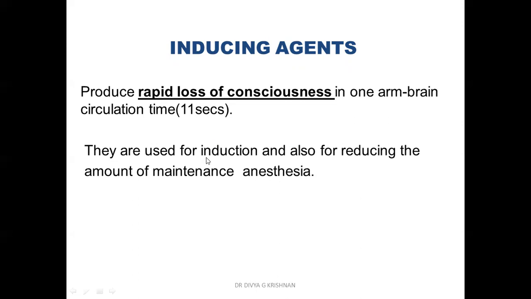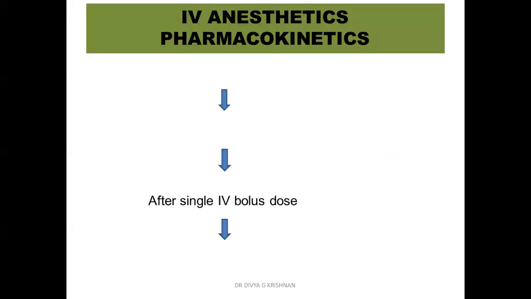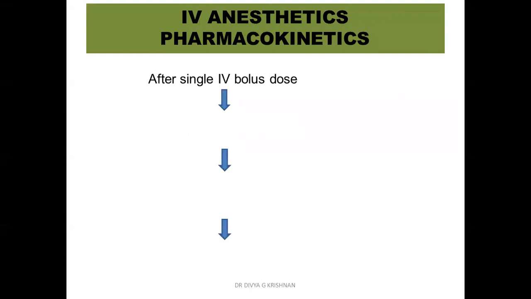Induction means setting in the anesthesia, and also for reducing the amount of maintenance anesthesia. So if you induce a patient with this agent, you can correspondingly decrease the amount of anesthesia which is required for maintenance.